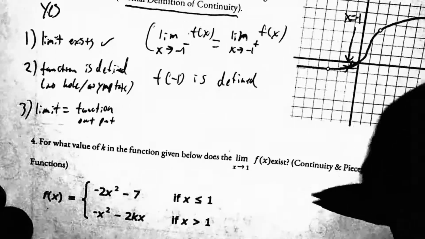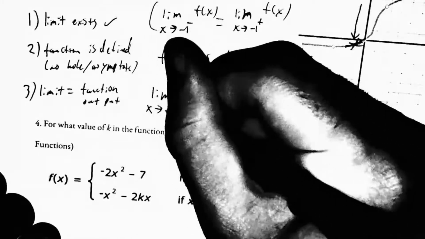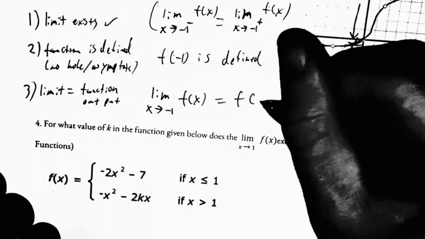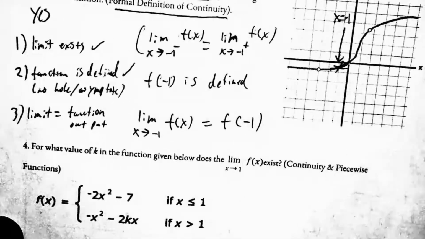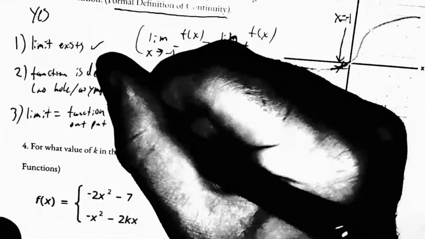Okay. And finally, for the limit equals the output, you're just going to say limit as x approaches -1 of f of x equals f of -1. That's it. That's all you need to do to prove it. So function is defined. We can see that visually, no hole. And then the function equals a limit.